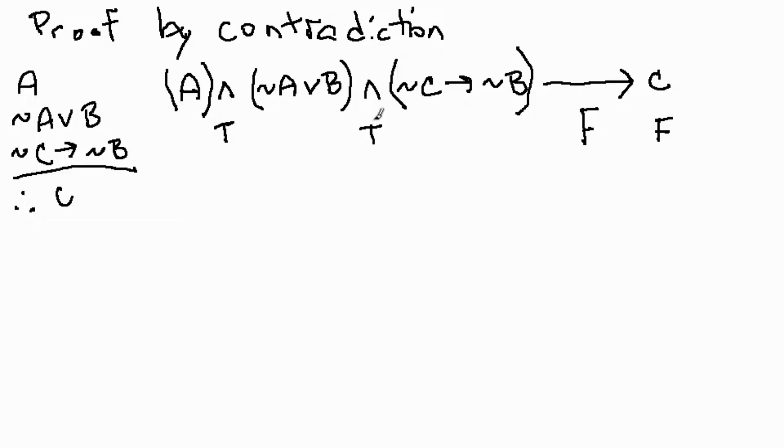Remember what that means. It means that this is true, and this is true, and this is true. Now, let's start investigating a little bit more. Now, if this is true, that means that A must be true. And I come over here, if A is true, then not A must be false.